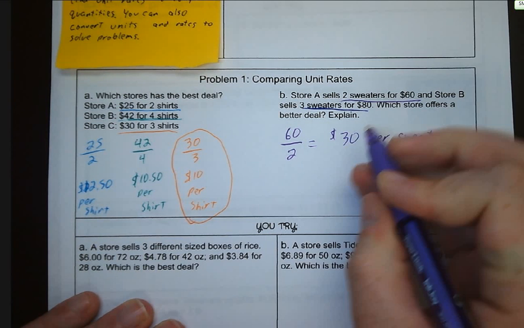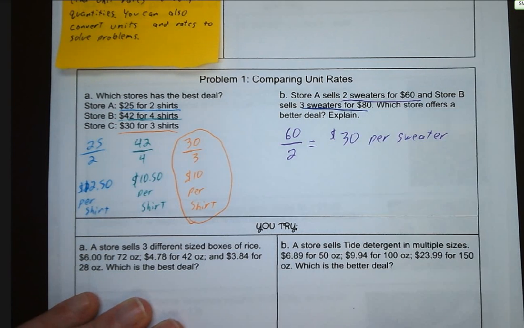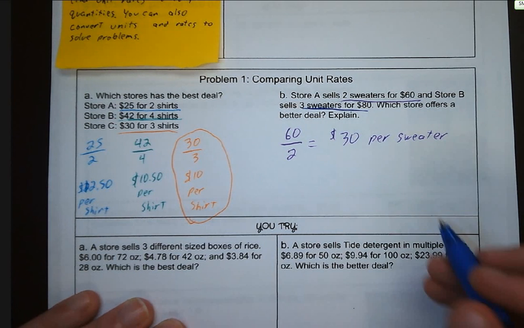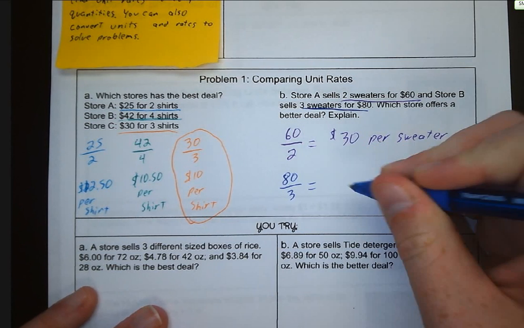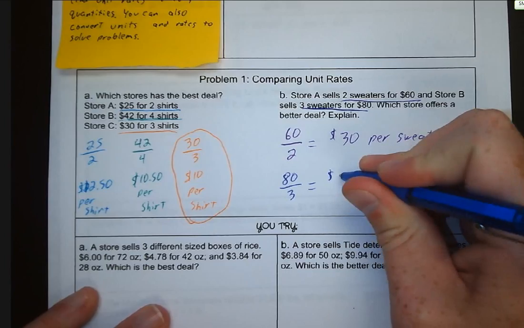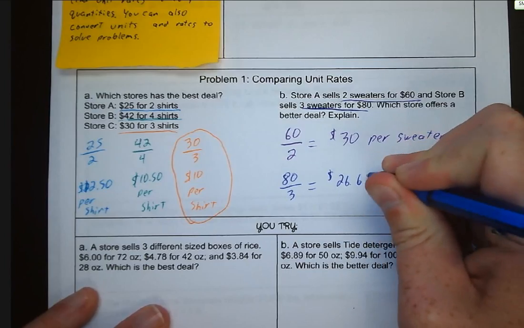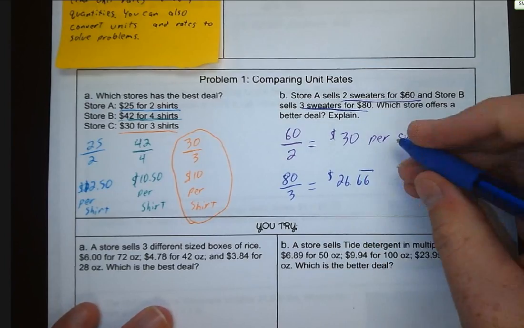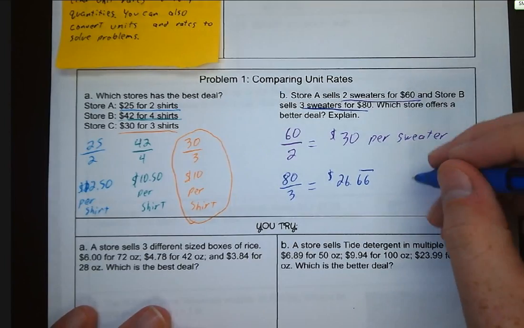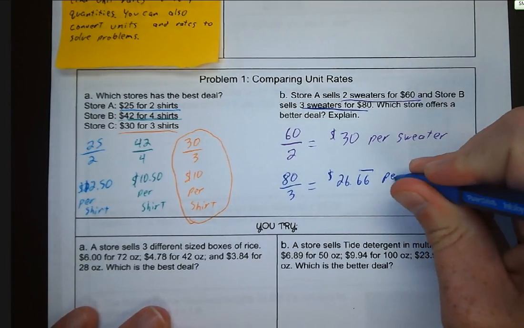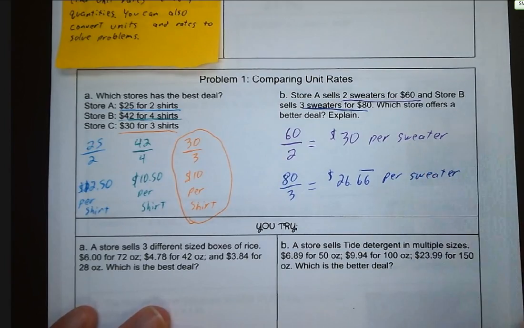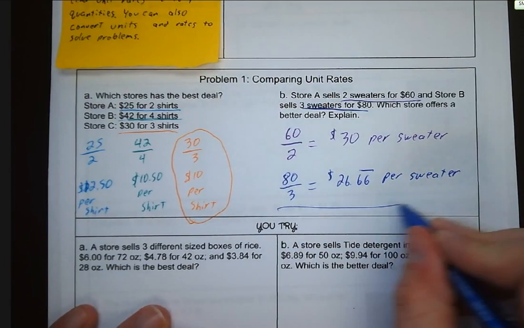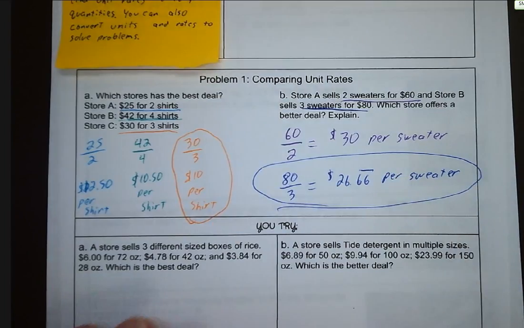Right, because 30 is 30 over 1. Okay. Our second store was $80 over 3 sweaters, which is $26.66 repeating, which would be rounded to 67 cents in the store, per sweater. So which is our better deal? It's going to be Store B, which has the better deal.